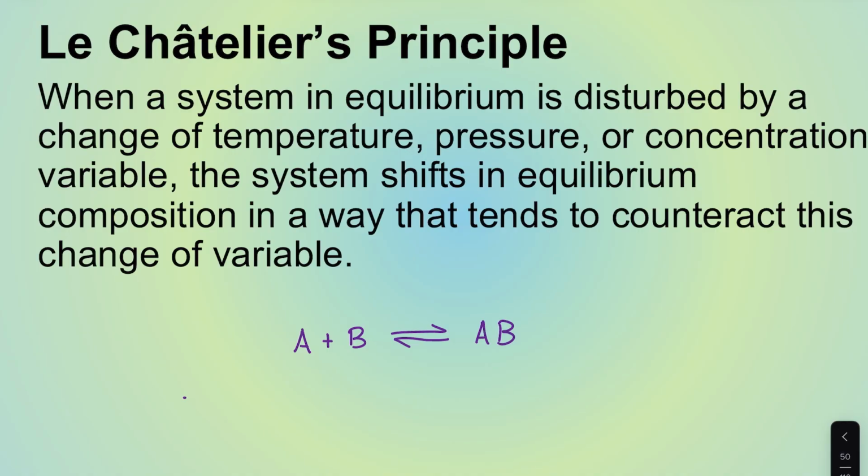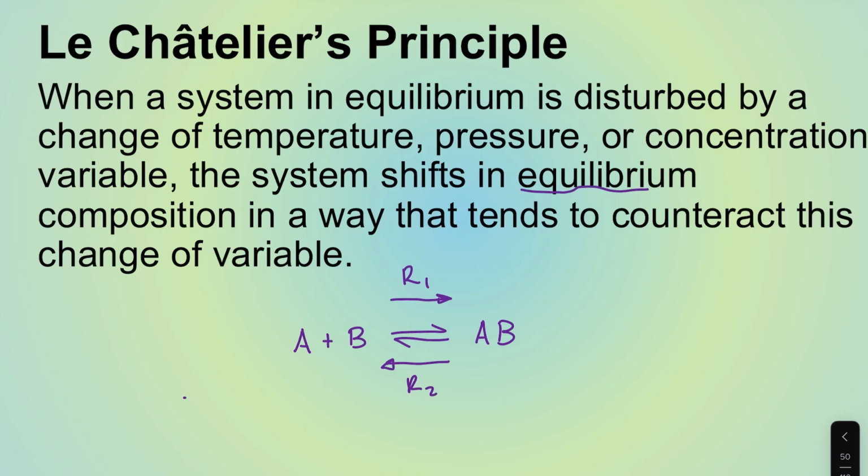Now you might notice that I drew a kind of a special arrow here. This is a reversibility arrow. So that means that this reaction is going back and forth between the products and the reactants. We can call the product or the forward reaction R1 and the backward reaction R2.